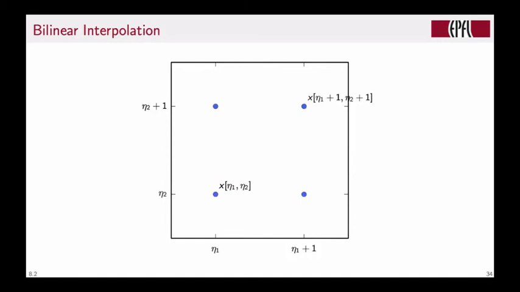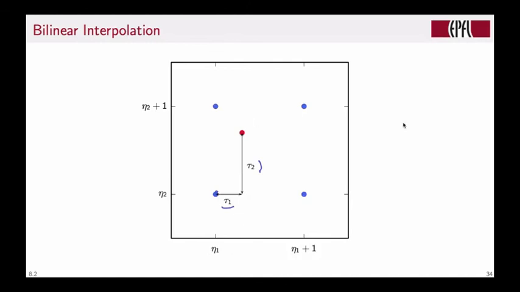We have our reference point, x of eta 1 and eta 2, and we also have the 3 neighboring points, like so. Remember, our subpixel value, as computed before, falls here in the middle, and it is expressed as a pixel at a horizontal distance of tau 1 and a vertical distance of tau 2 from the reference coordinate eta 1 and eta 2.